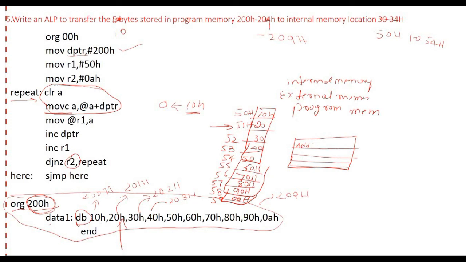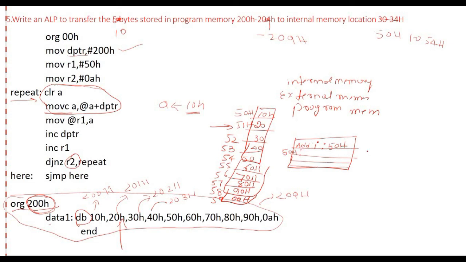If you want to see the data in the internal memory, in the address field we have to type I, that is I colon, and then the location where you want to see the data. For example, if you want to check the data at 50H, mention 50H here. When you type this, the window will start from address 50H.